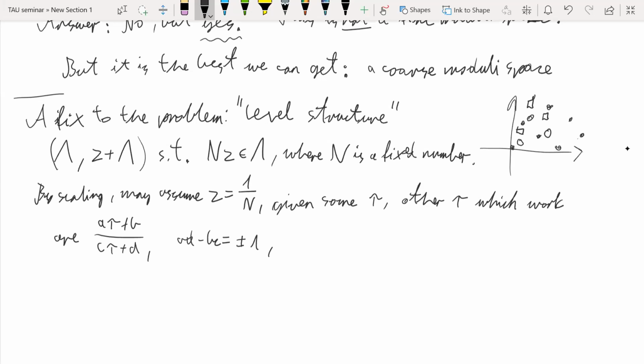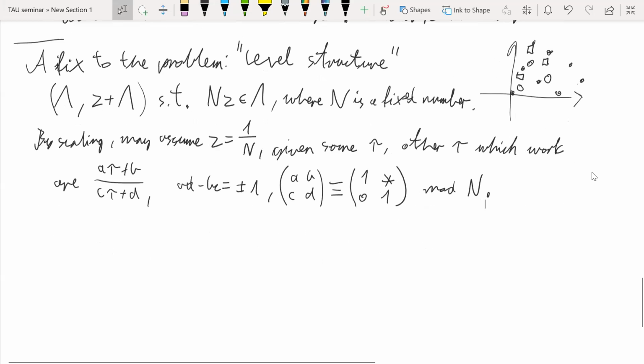But we also require that this matrix is congruent to (1, *; 0, 1). So a and d are congruent to 1, c is congruent to 0, and b is whatever, modulo n. And then we can similarly take congruence entry-wise.